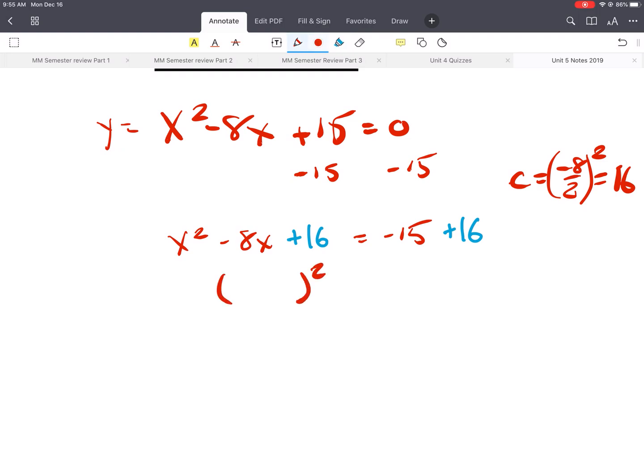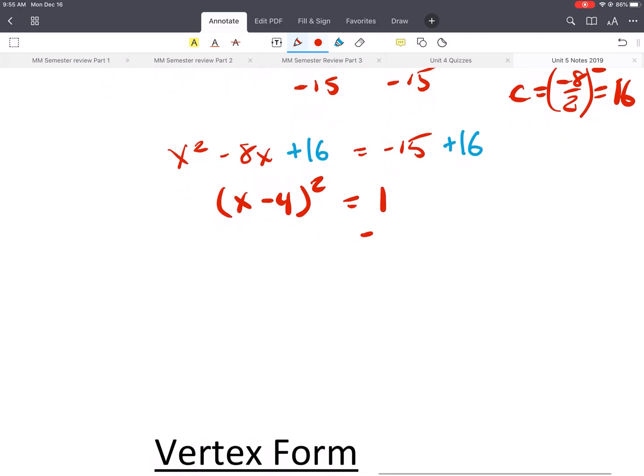You can write it as a binomial squared. Remember, it's half of b, so that would give us minus 4. And then here we would have 1. Now we subtract 1 back to the other side, and we end up getting y equals x minus 4 squared minus 1.